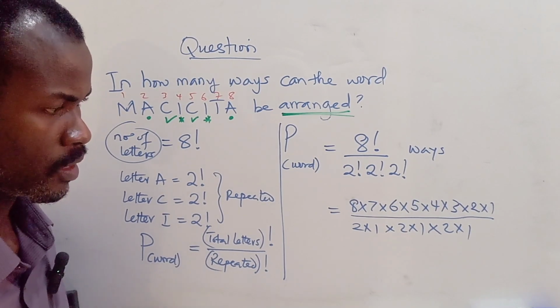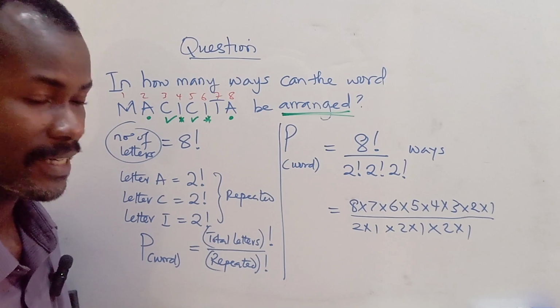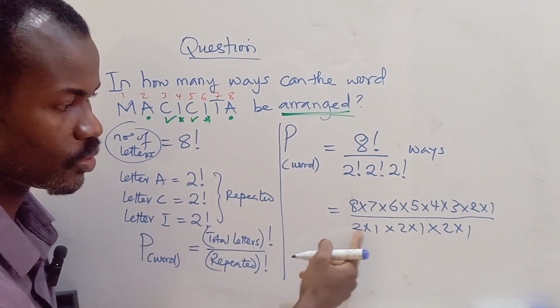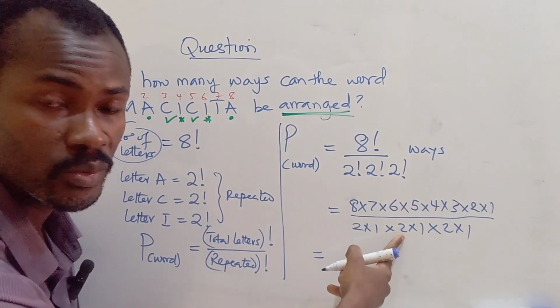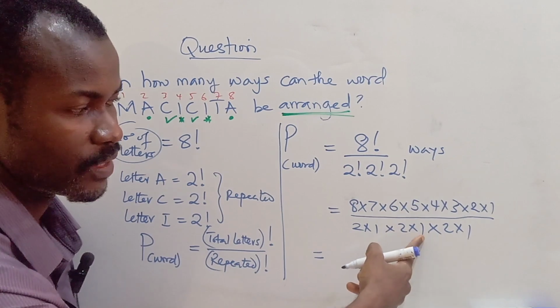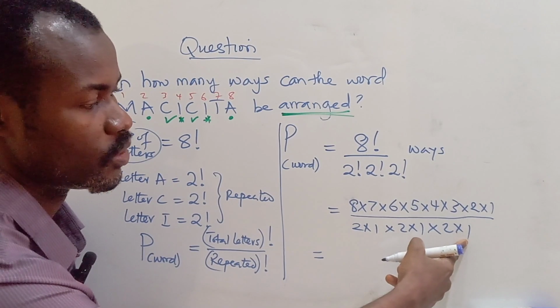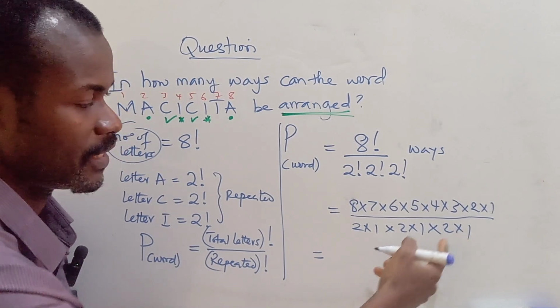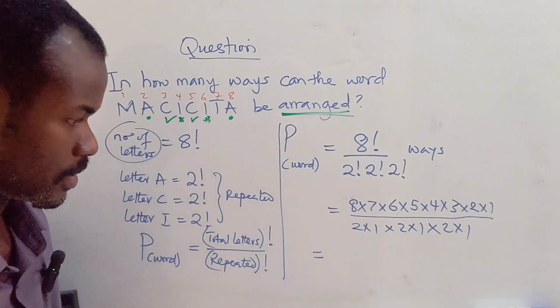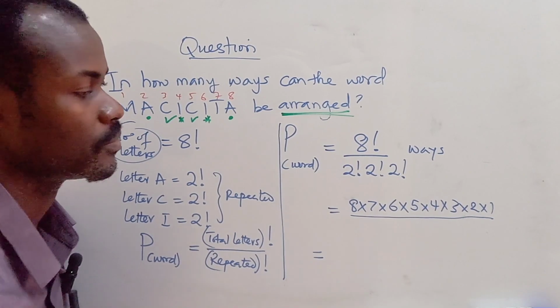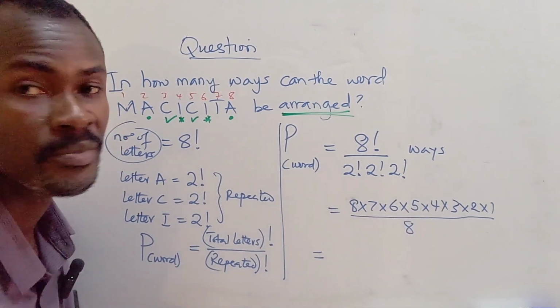From this, we can see that in our denominator, 2 times 1 is 2, times 2 is 4, 4 times 1 is 4, 4 times 2 is 8, 8 times 1 is 8. So the denominator is 8.